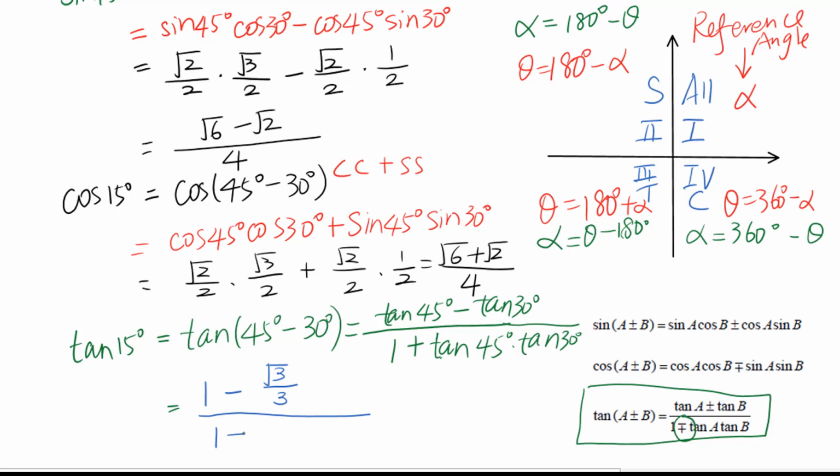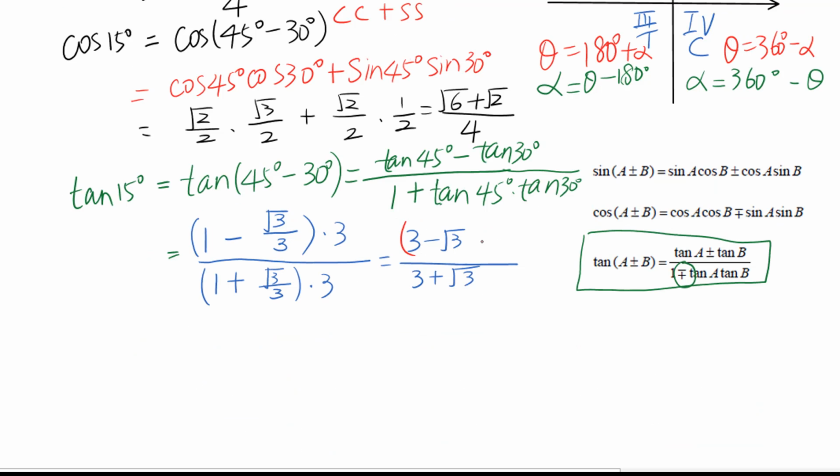Then 1 plus tangent 30, which is square root of 3 over 3. Top and bottom, we multiply by 3. So you will get 3 minus square root of 3 over 3 plus square root of 3.